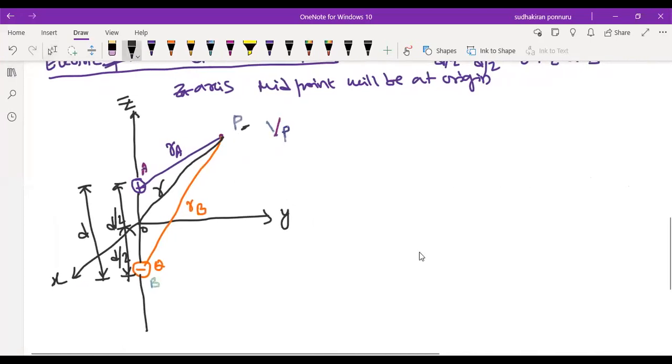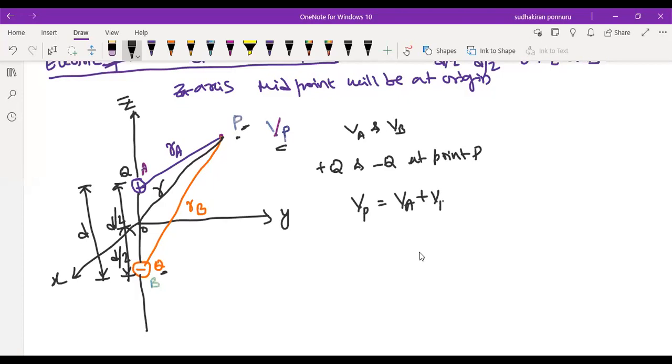See here, you have Q, and because of this Q we are going to calculate V_P at point P, and again because of this minus Q, we are going to calculate V at point P. Individually I'm going to write for V_A and V_B, but at point P the potential is because of both point charges, plus Q and minus Q. Therefore at point P, V_P will be equal to V_A plus V_B. V_A plus V_B, all together, is called a dipole.